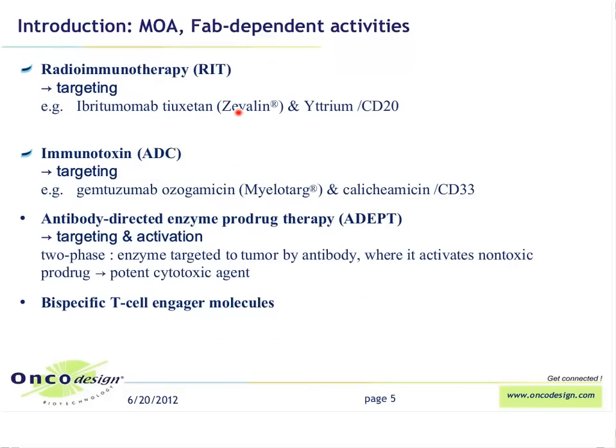Other function could be mediated by this FAB, and this function could be localization of radioisotope to mediate radioimmunotherapy by targeting antigen and through the antibody the couple of radioisotopes like yttrium, or the couple of a toxin, highly toxic compound that will be specifically targeted to the antigen and also to the tumor, like a compound like mielotag, which couple kiamycin to CD33 antibody.